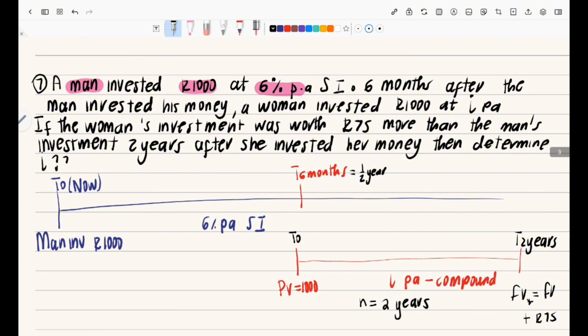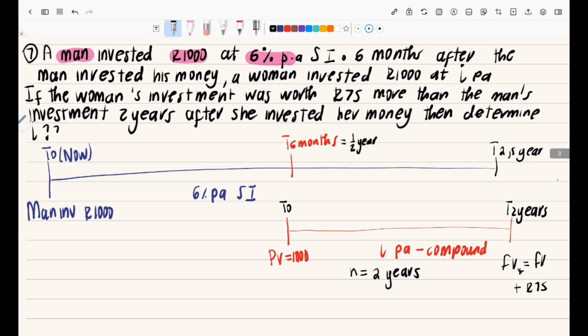And 2 years after the woman has invested, that is plus 2. So I have 2 years plus 0.5. So that is time period 2.5 years for the man, right?